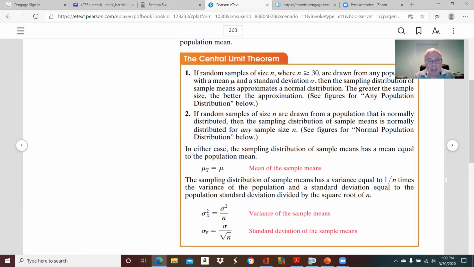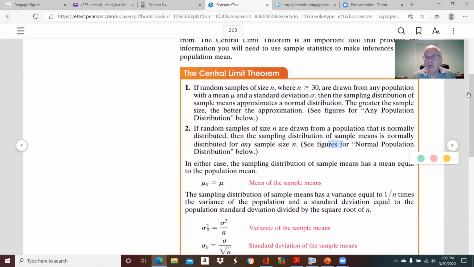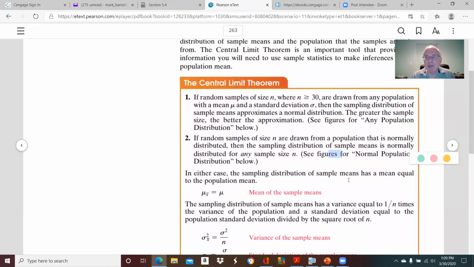If we have random samples of size n, where n is at least 30, drawn from any population, the sampling distribution of sample means approximates a normal distribution.